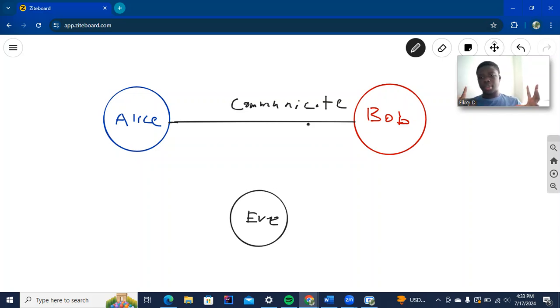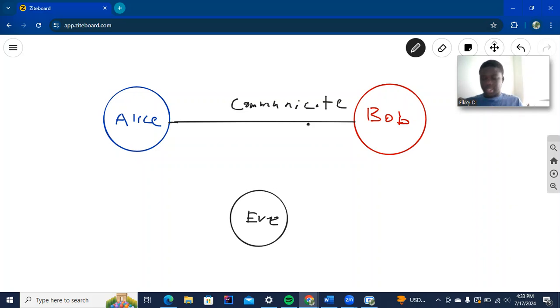But this mechanism relies on two ideas. The first idea is a one-way function. One-way functions are pretty advanced, and to get into that would take a lot of math.